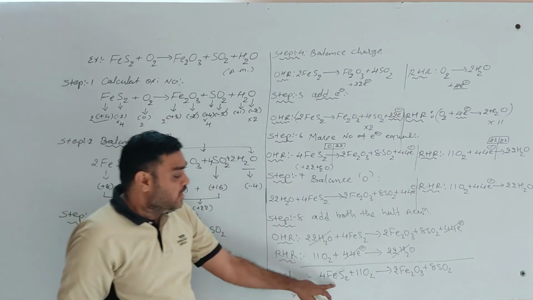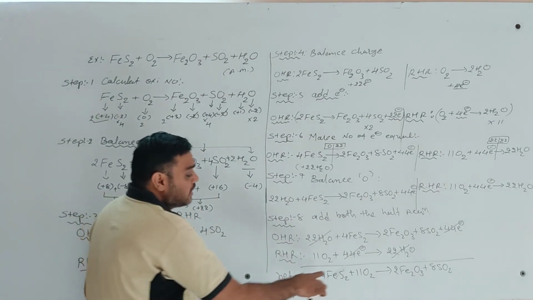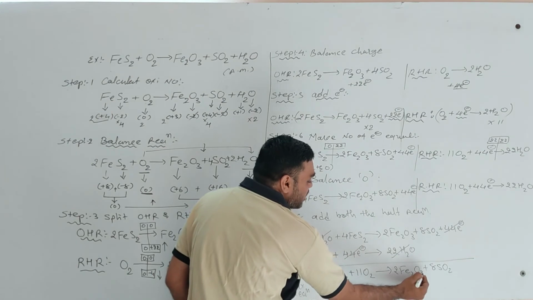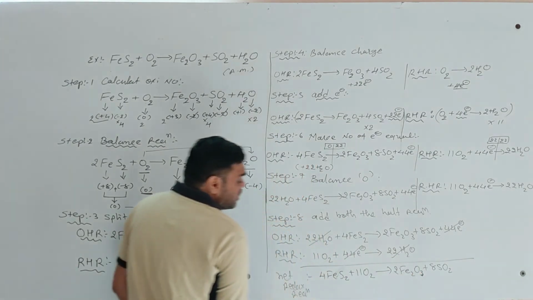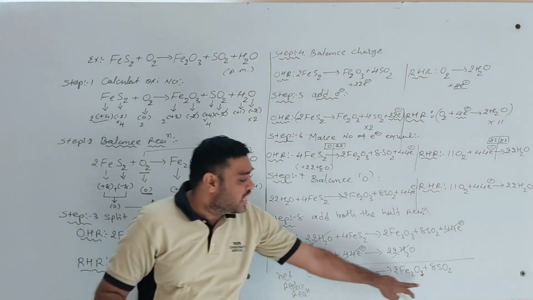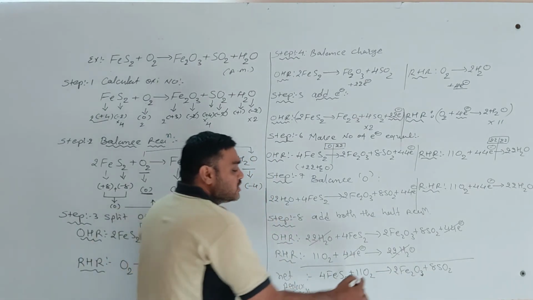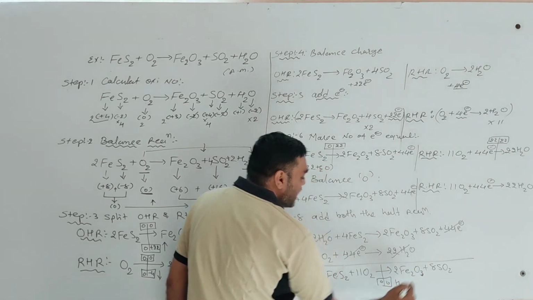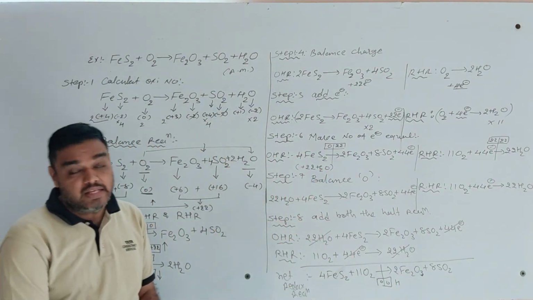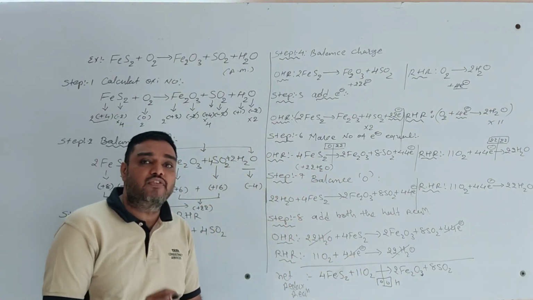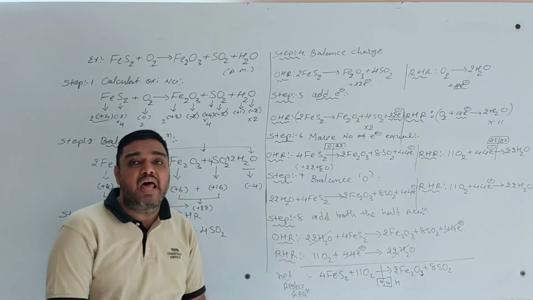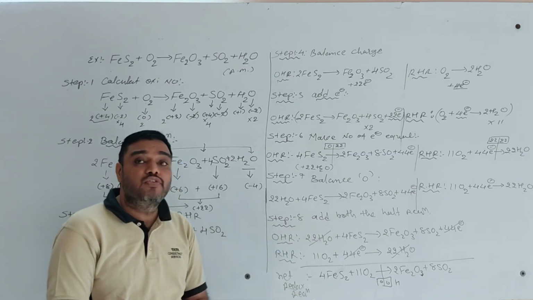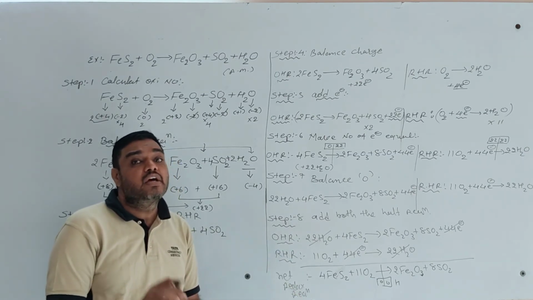Here you can calculate the number of hydrogen on both sides. If it is balanced, then your reaction is balanced. Here 0 hydrogen is there, here 0 hydrogen is there. So you can understand that the number of hydrogen is balanced on both sides, and your reaction is balanced. Then you can also check with a table how the balance occurs, and give your answer.